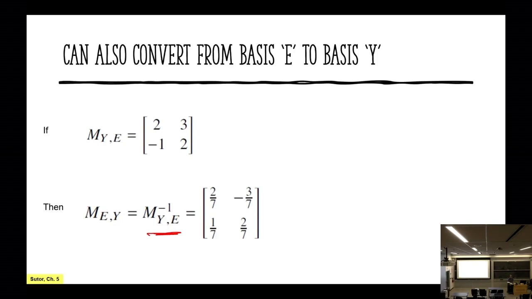So that's written here. It's 2 sevenths, negative 3 sevenths, 1 seventh, 2 sevenths. For 2 by 2 matrices, the inverses are very straightforward. It's just 1 over the determinant of the matrix times the transpose.